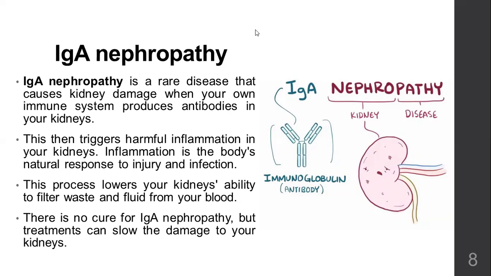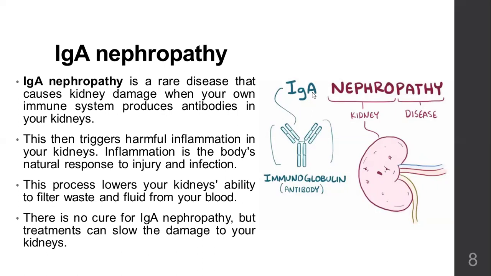Yes, it is immunoglobulin. It's a protein structure that functions for your immunity. So IgA means immunoglobulin A. Nephropathy is a disease condition of your kidney.